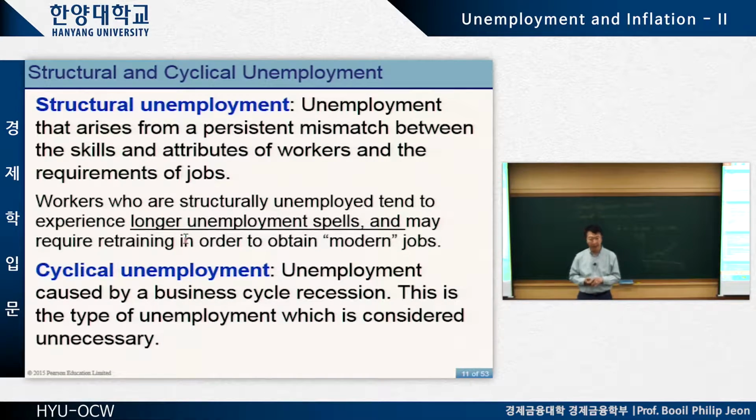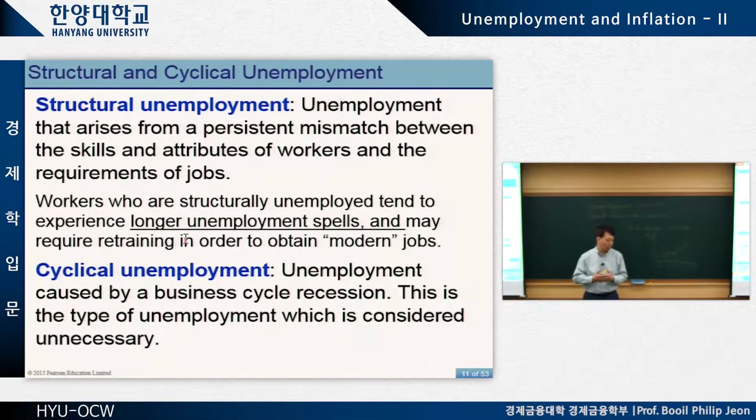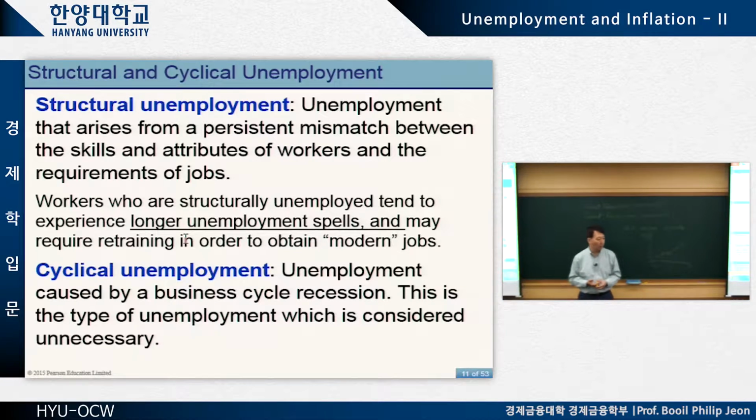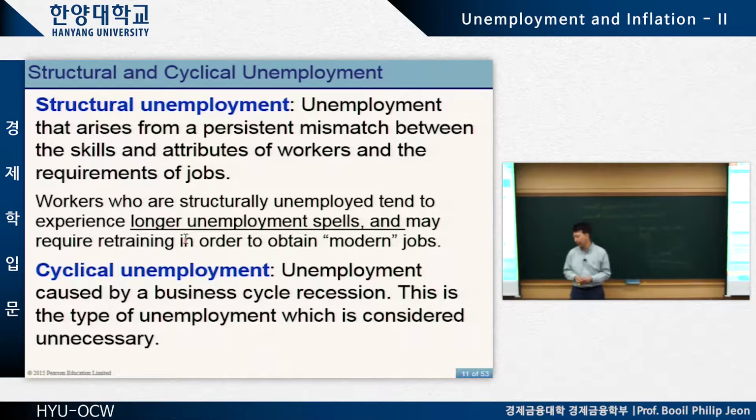What about structural unemployment? Structural unemployment mostly has to do with change in technology or industrial structure. We cannot block, stop, or deter technological advancement. Actually, we have to bring in or accelerate technological advancement, and that means workers constantly need to update their skills. So structural unemployment is also necessary.